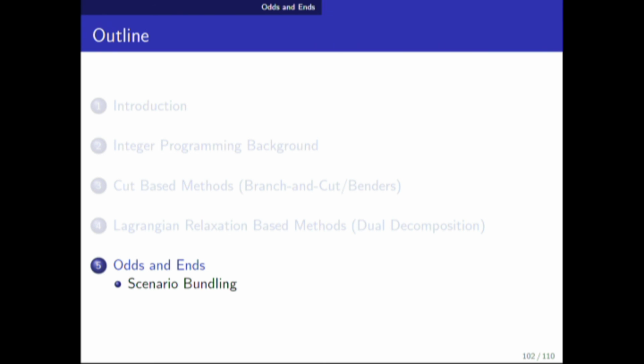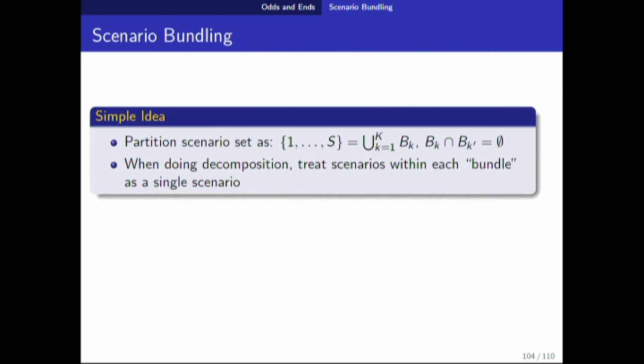Okay, so we're almost done, and I'm just going to wrap up with one last nice thing you can do that improves both of these methods. This is known as scenario bundling. The idea with scenario bundling is we have our set of scenarios, 1 up to s. Instead of treating them as individual scenarios, we're going to partition them into subsets of scenarios, which we're going to call bundles.